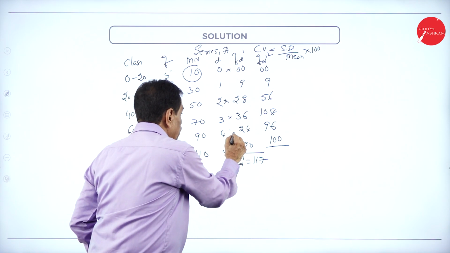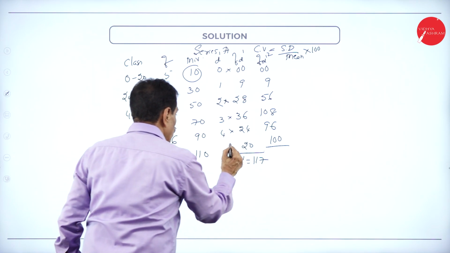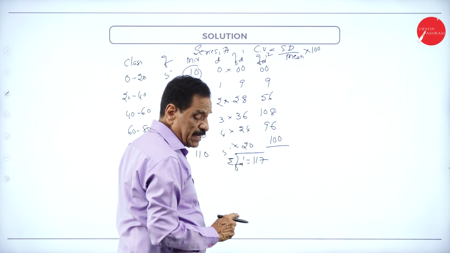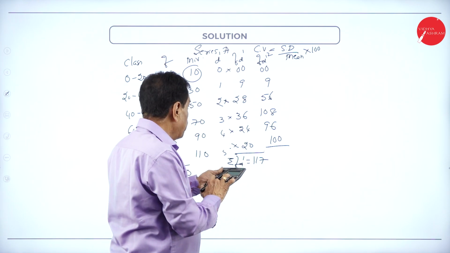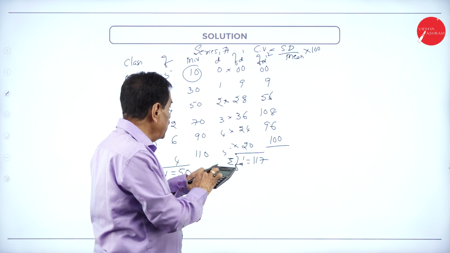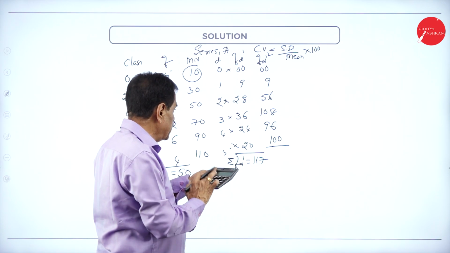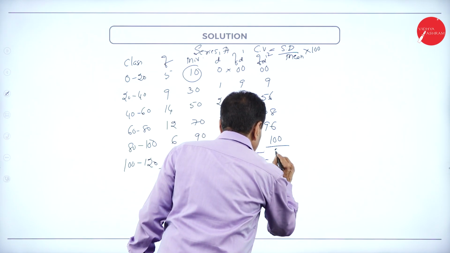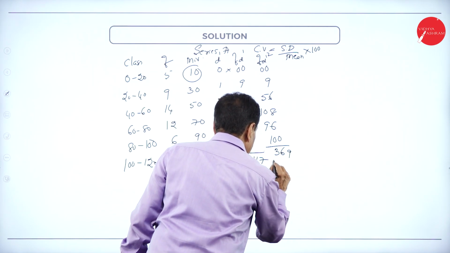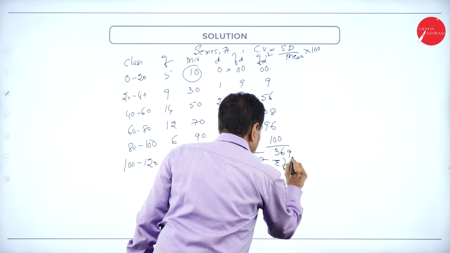Add the figure. This is 9 plus 56 plus 108 plus 96 plus 100. 369. This is sigma fd dash square.